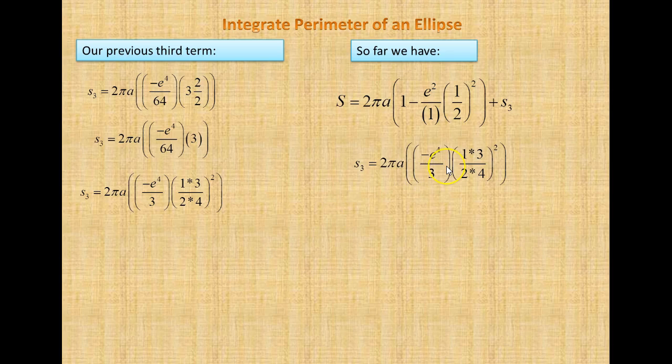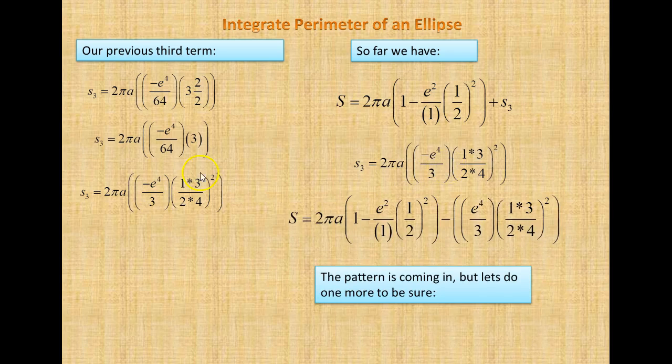Well, S3 is this. We just calculated that. So our total perimeter is equal to 2 pi a times the quantity 1 minus e squared over 1 times 1/2 squared minus e squared over 4, e to the fourth divided by 3 times 1 times 3 divided by 2 times 4 squared.